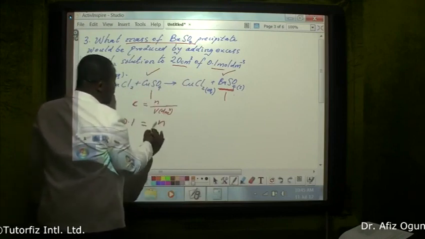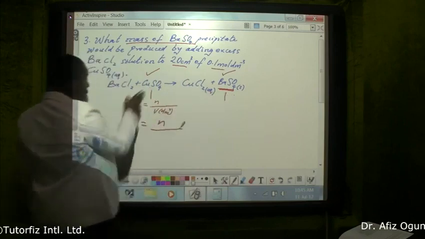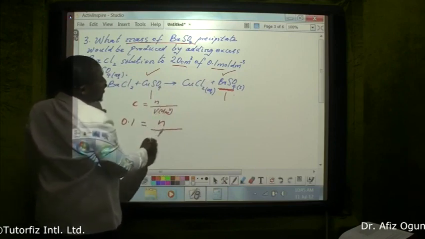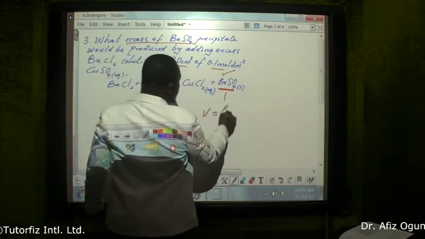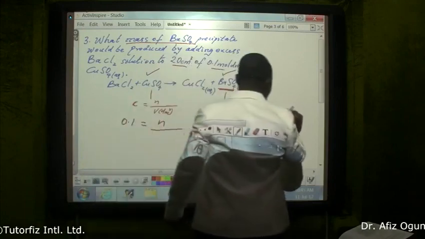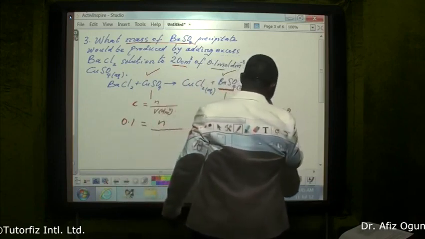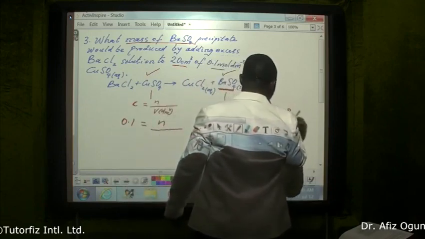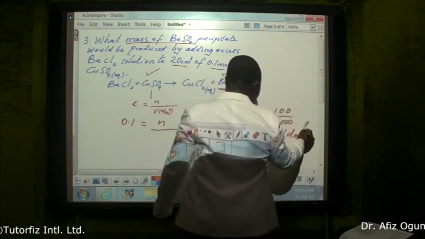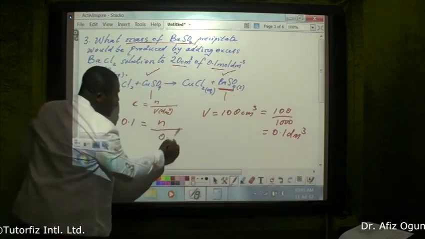I want to know the number of moles, because since it's ratio 1 to 1, the number of moles I get here is the number of moles of barium sulfate. The volume is 20 cm³, which is 20 divided by 1000, which equals 0.02 dm³. So I put 0.02 here.